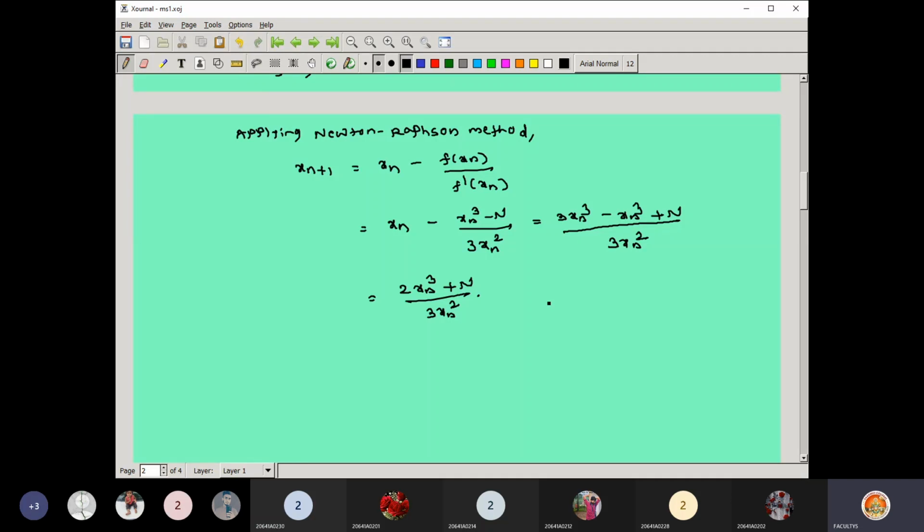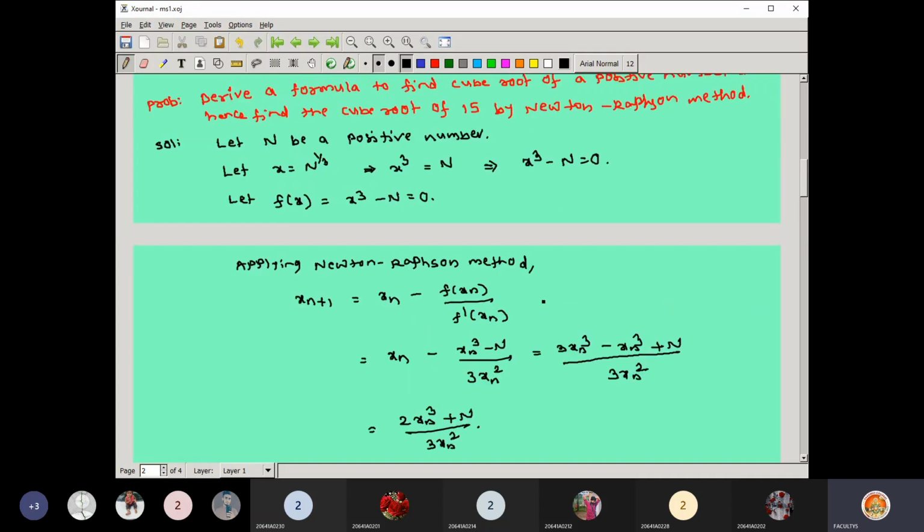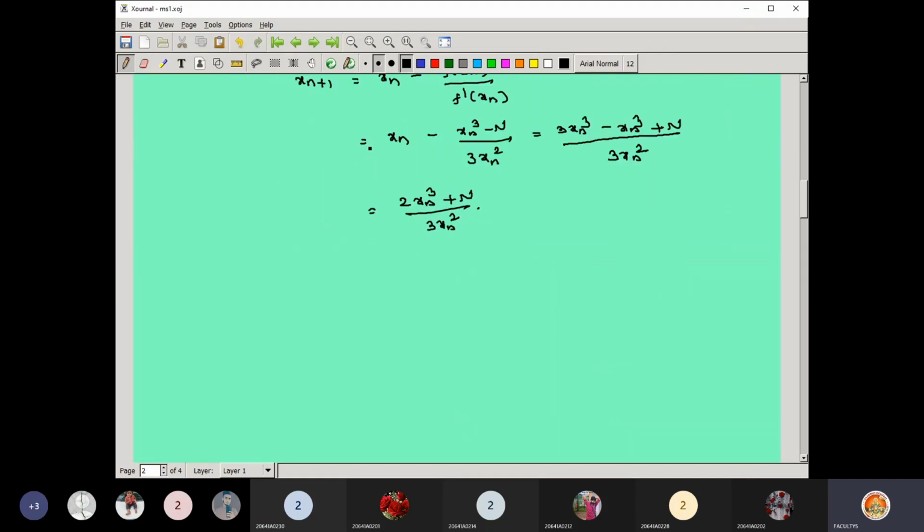So once the formula is derived, we got the final answer. Now our problem is the continuation of the given problem, asking to calculate cube root of 15. So in order to use that particular answer, you just make a special case. For which number are they asking to find out the cube root?